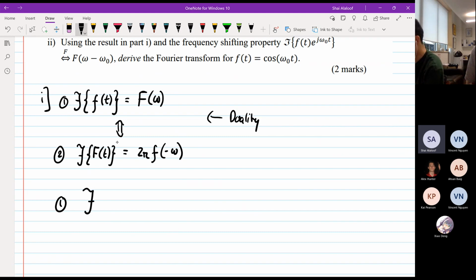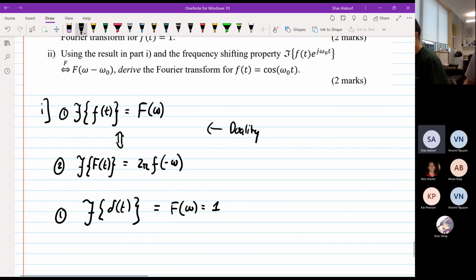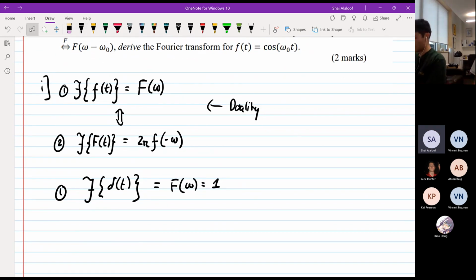So here's 1. The Fourier transform of the Dirac delta function equals capital F of omega, which is 1. That was given to us, because it told us that the Dirac delta transformed into just 1.